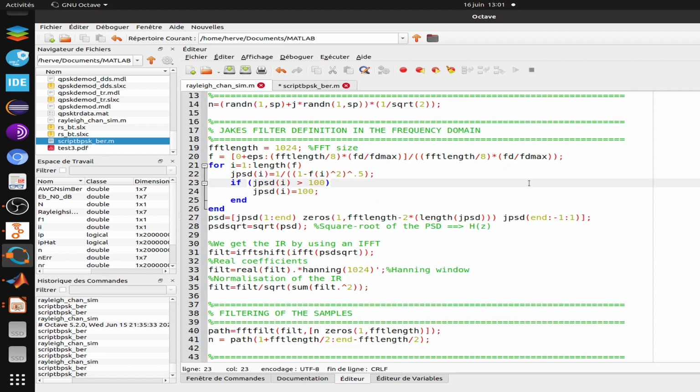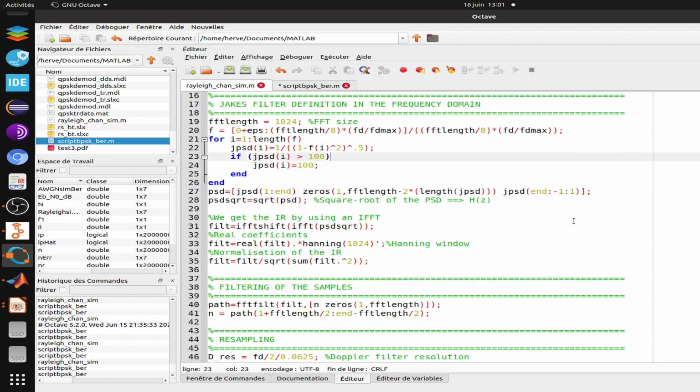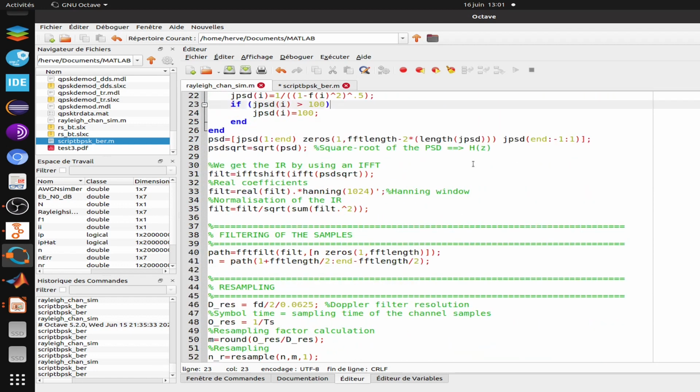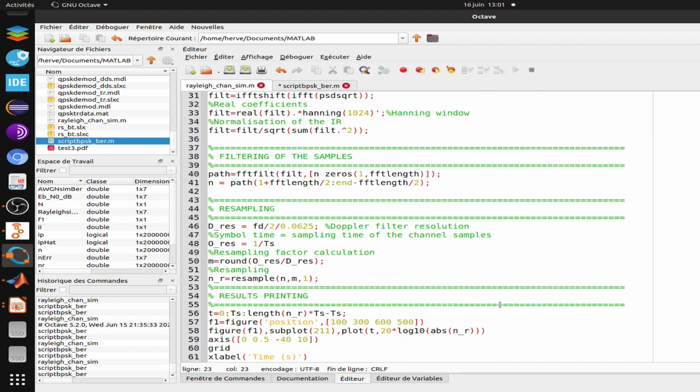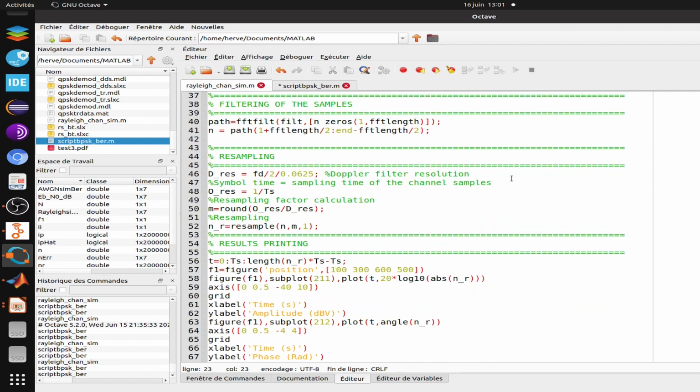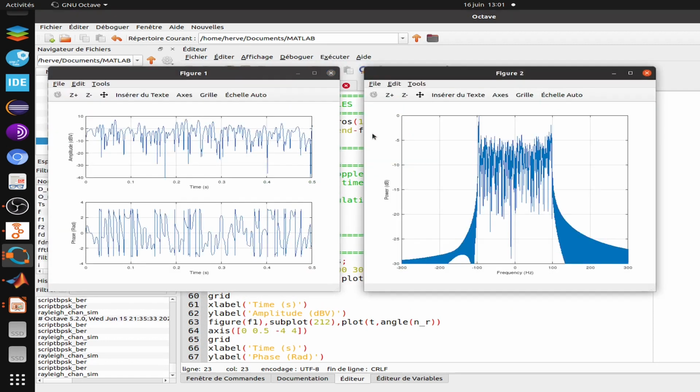Then we define a Doppler spectrum filter, which is a Jakes filter we've seen before, and this is defined in the frequency domain. So we come back to the time domain in order to perform a convolution using an IFFT. Then we resample to our system sampling frequency. So let's execute the script and see what happens.